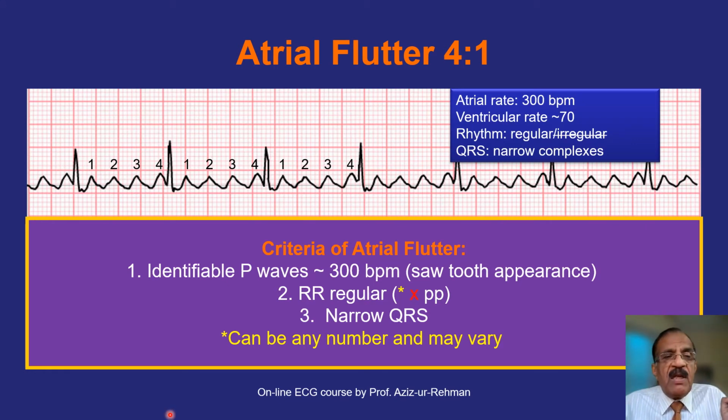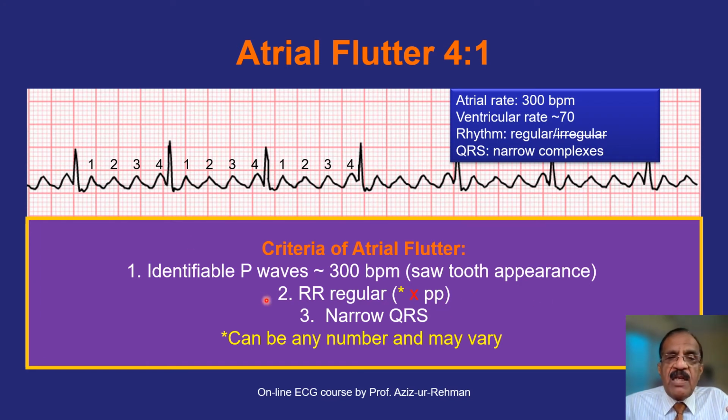But in flutter, you have identifiable P wave approximately at the rate of 300 beats per minute, and it causes a sawtooth appearance. You see the sawtooth appearance because the wave is constantly going up and down, and there is hardly any baseline. So that is why we call it sawtooth appearance.